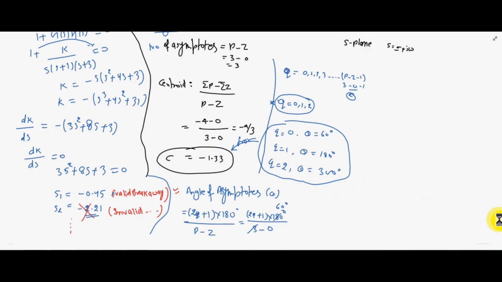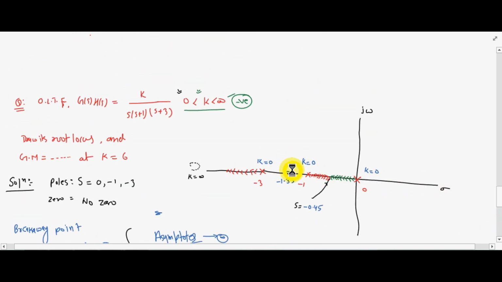Take a pencil and draw a line here for theta equal to 60 degrees. Now again draw a line here. This is 180, so we draw a parallel line with the pencil. This is theta equal to 180 degrees.